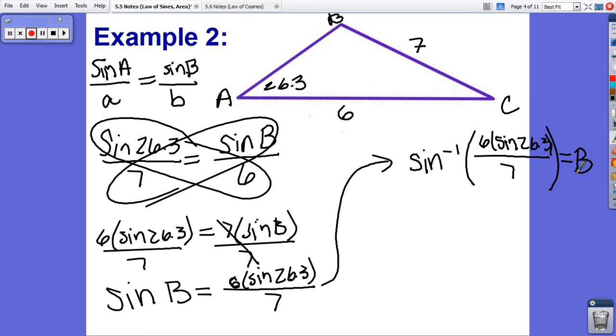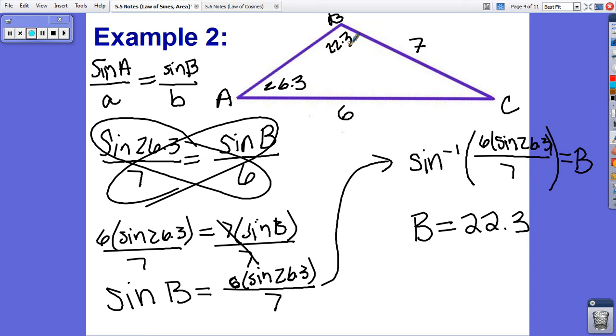So when you do all of this in your calculator, and again I left it like this instead of a decimal because I want my answer to be exact, now I'll get that capital B is equal to 22.3. So that means that this angle up here is 22.3 degrees.